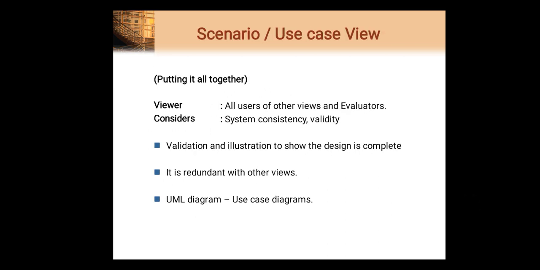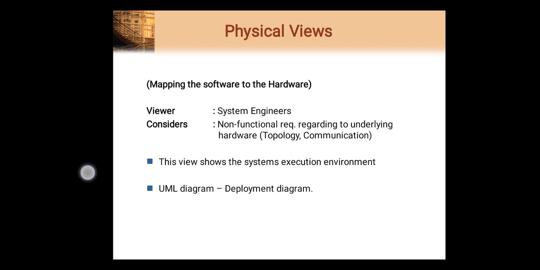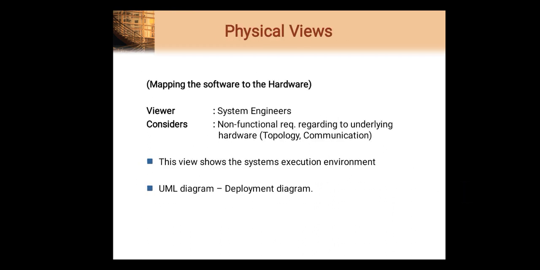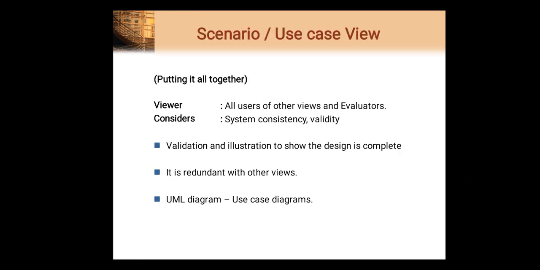Now we know all four views: the logical view, the process view, the development view, and the physical view. The next one, the plus one view, is nothing but the scenario, or we can say the use case view. So whose views are we considering for this scenario? The viewers for the scenario are all the users of the other views and evaluators, who consider system consistency as well as the validity of our system.